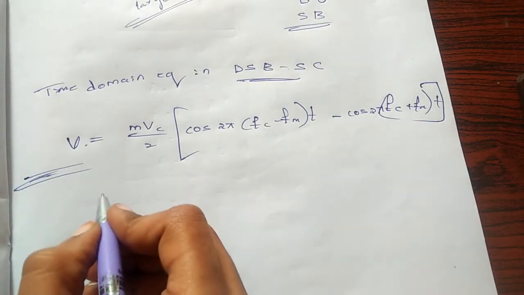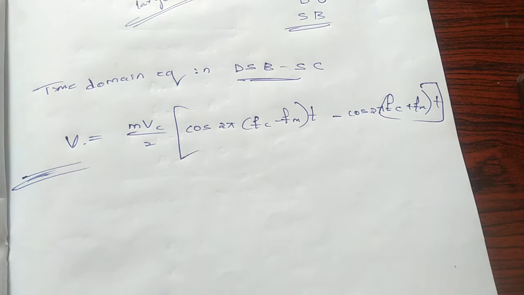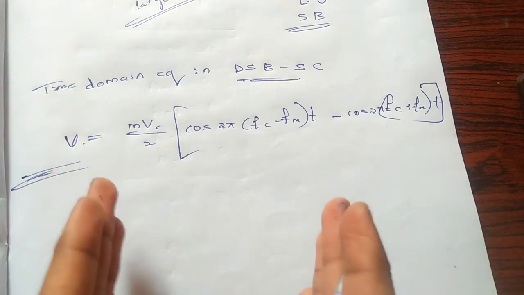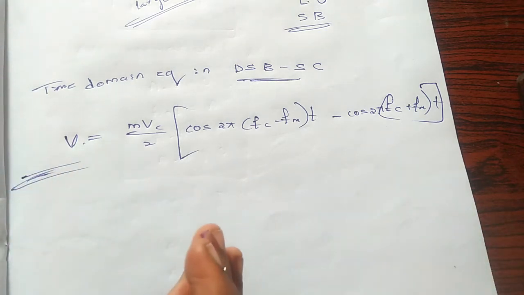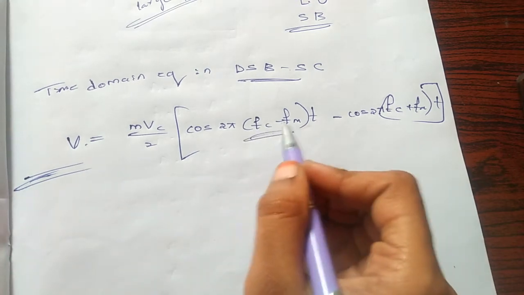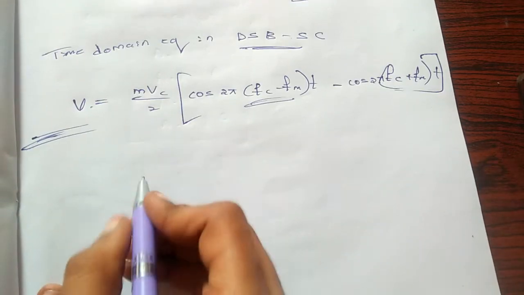Next, frequency spectrum. So what is the frequency spectrum actually? It is nothing but representing the different frequencies in the same band. So what are the different frequencies that we are having here? Two frequencies, Fc minus Fm and Fc plus Fm.